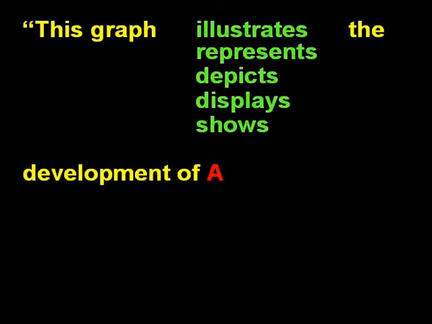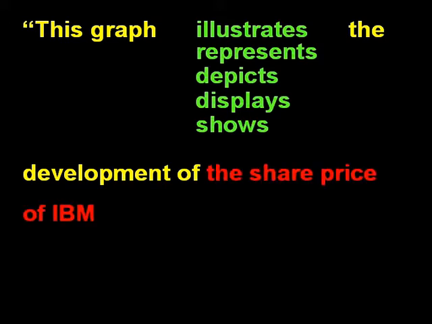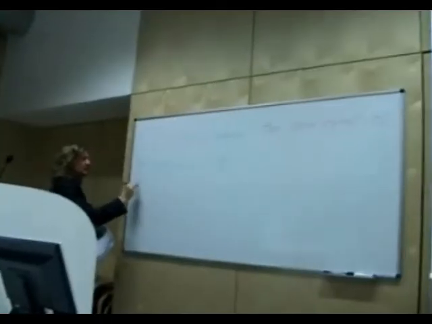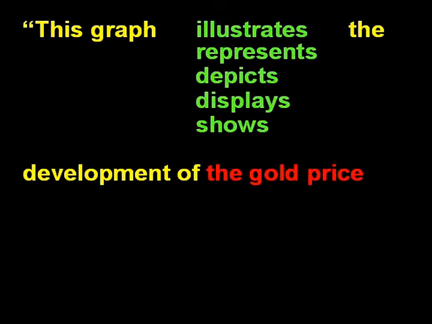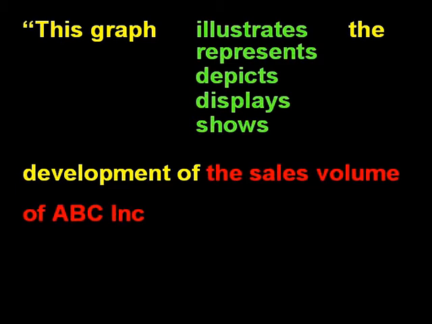Okay, this graph illustrates the development of. Now, here's where we write in the share price of IBM, or the value of the, in honor of our guests, the Russian peso, or the gold price, the sales volume of company ABC.